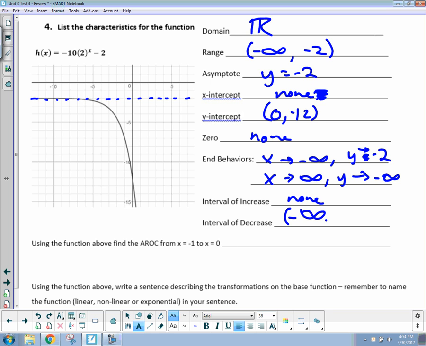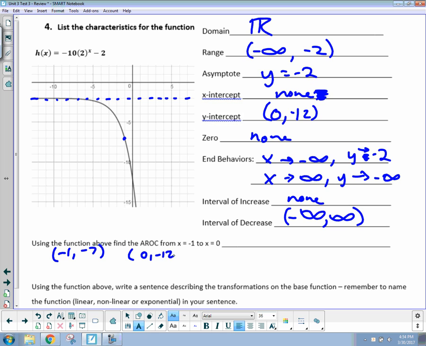Rate of change, if you plug in negative 1, we'll get negative 7 back, or you can search it right here. Negative 1 down to negative 7. And 0, negative 12, and we already have that because that is the y-intercept.